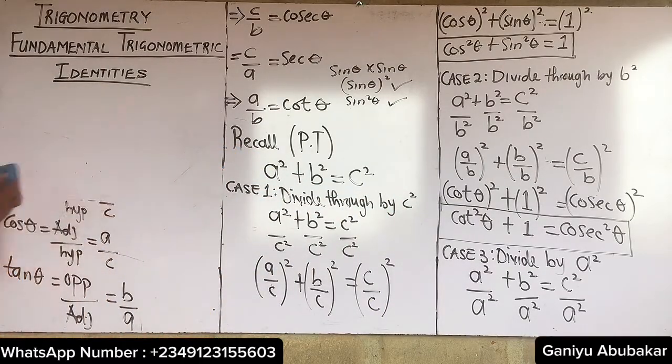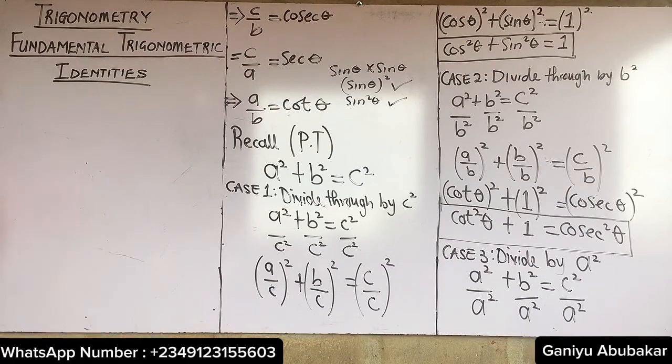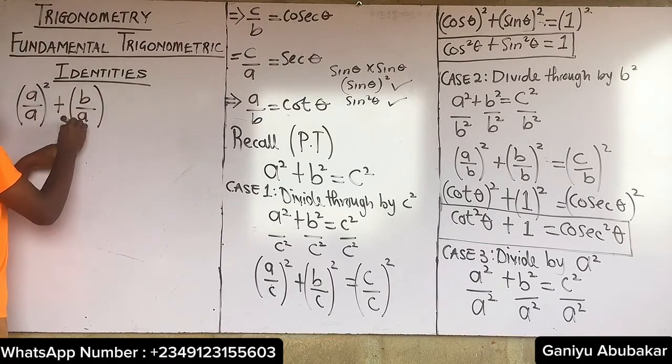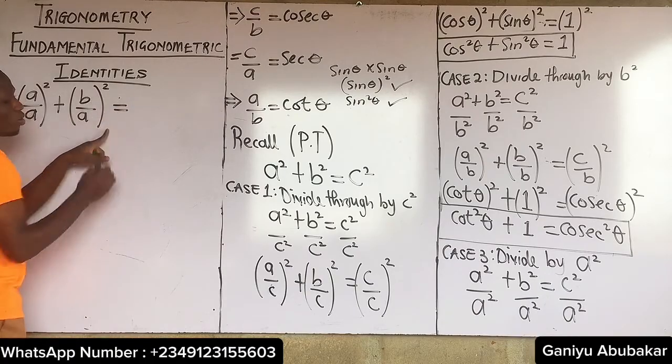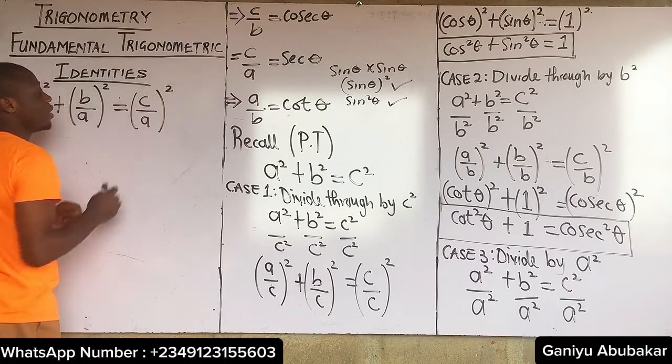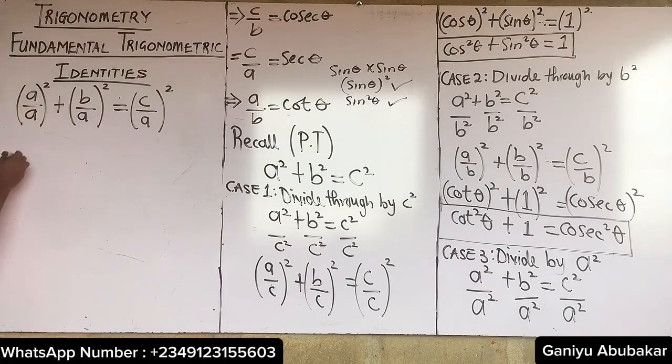From there, apply indices. I'll have A over A, all squared, plus B over A, all squared, is equal to C over A, all squared. From here, A over A is 1. That will give 1 all squared plus, what's B over A? B over A is tan, right? B over A is tan.